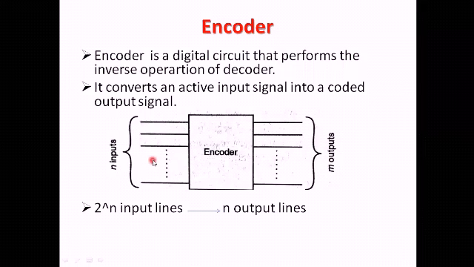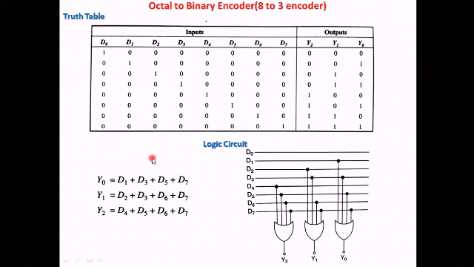Next, we will be designing an octal to binary encoder, that is an 8 to 3 encoder. So this is the truth table. It is well known that a binary to octal decoder, that is a 3 to 8 decoder, accepts 3 input codes and activates one of the 8 output lines corresponding to that code.